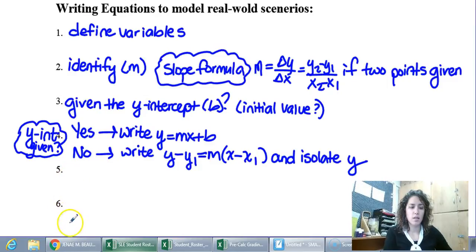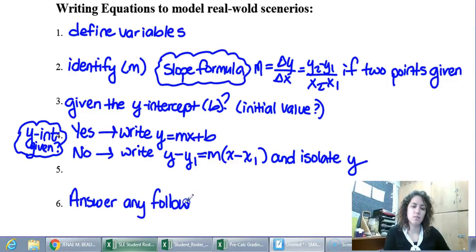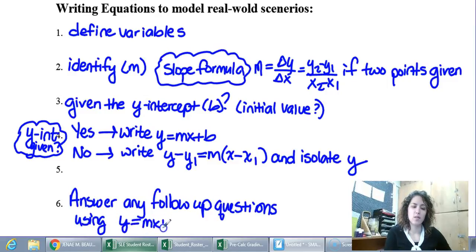And last but not least, once we've done that, answer any follow-up questions using y equals mx plus b, because that's the form you'll have.